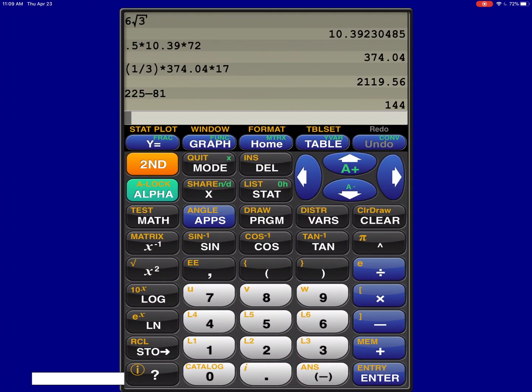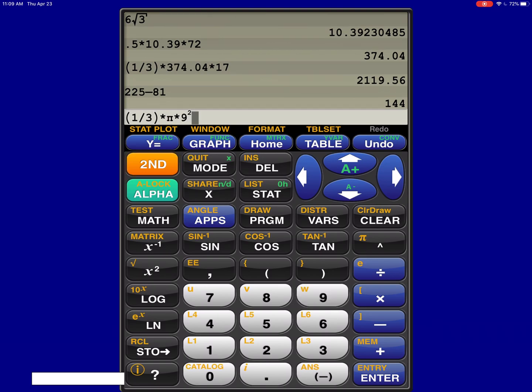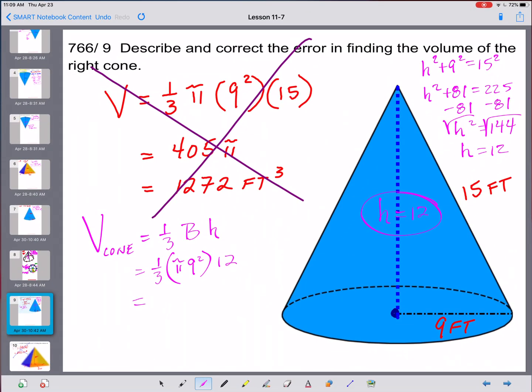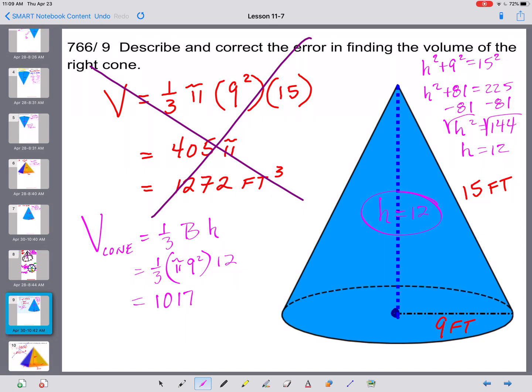Parenthesis 1 divided by 3, good, times pi times the radius squared times the height right down the middle. That's it. 1/3 base area times the height right down the middle. Wow. 1017 and a little extra. Our units, yeah, it's going to be feet cubed.